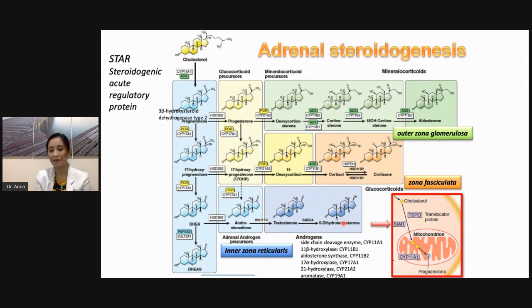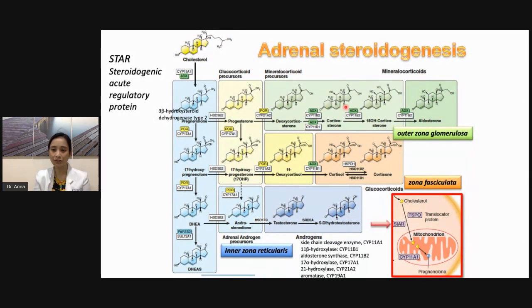This happens in your gonads, or your testes. Of course, it's different if your androstenedione is in the ovaries. It will eventually be converted into your estradiol. So we'll discuss that when we go to your male and female reproductive endocrinology.